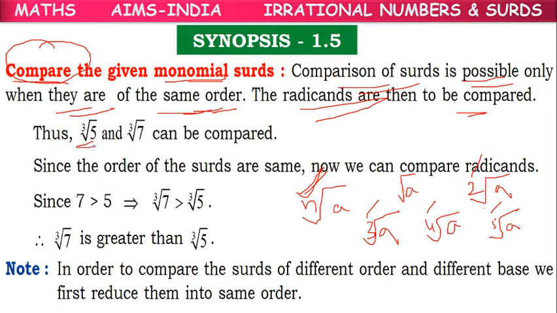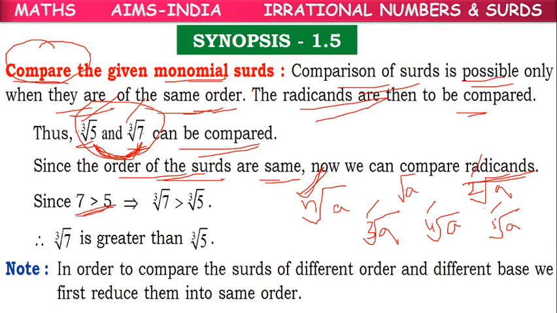Suppose cube root of 5 and cube root of 7. If we have two surds like this, the first one's order is 3, the second one's order is 3. These two can be compared. Since the order of the surds is the same, we can compare the radicands. Both of them have cube root, so we can compare the numbers inside the root. Here it is 5, here it is 7.